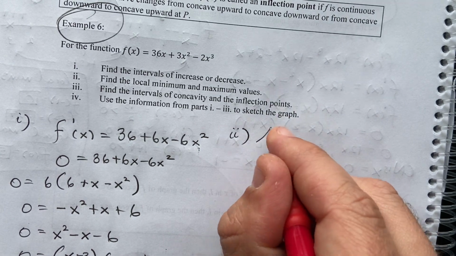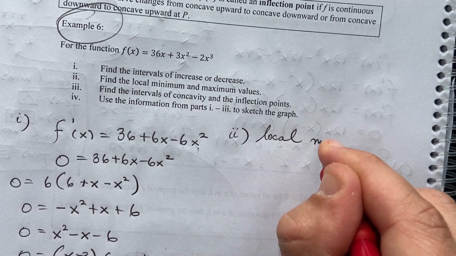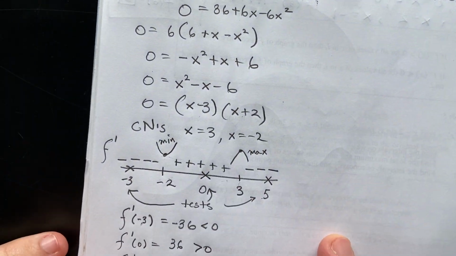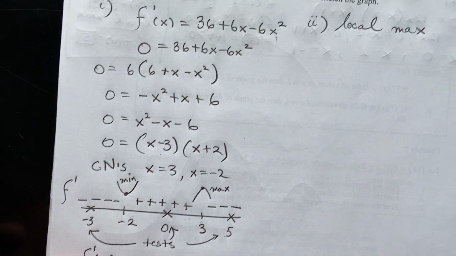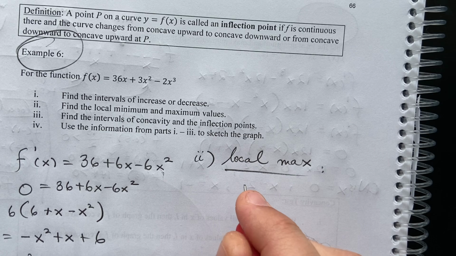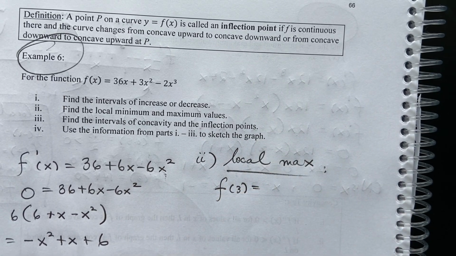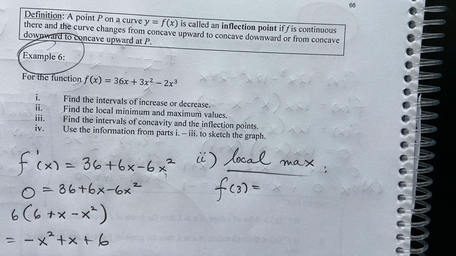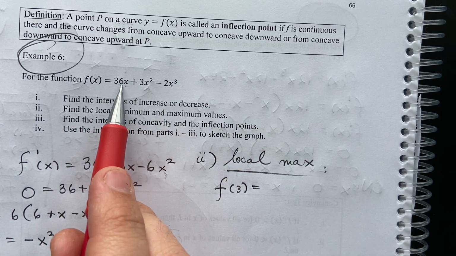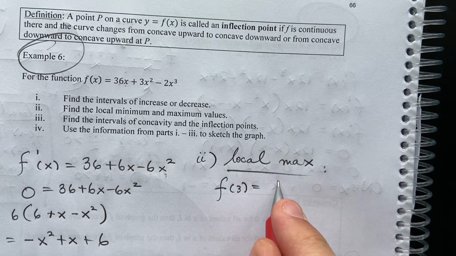Okay, so we'll have a local max, according to our sign chart, right here at 3. So I'll have f of 3, and that would equal, if you check that, I'm plugging in 3 here, I believe you get 81.